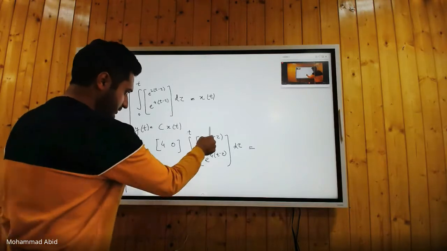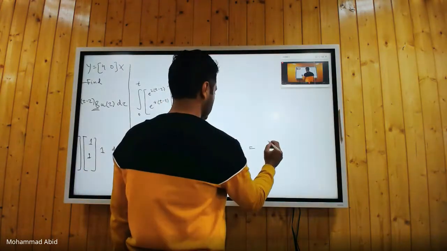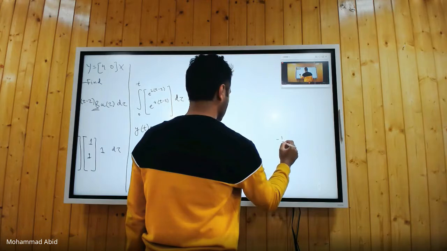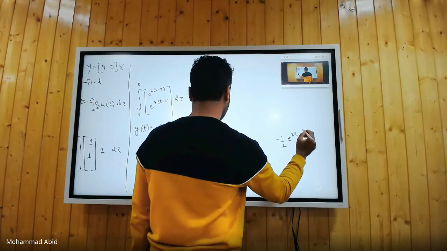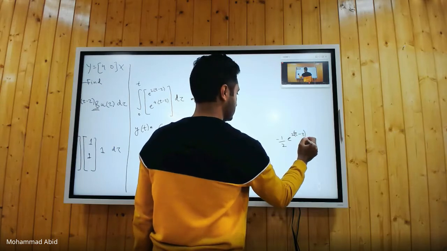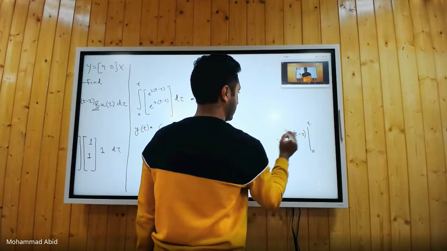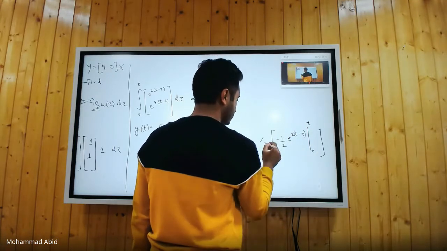So let's evaluate this integral now for the first entry. When you do the integration, this will be minus 1 over 2 e to the power 2(t minus tau), with the limits 0 and t. And this thing has to be multiplied by 4.